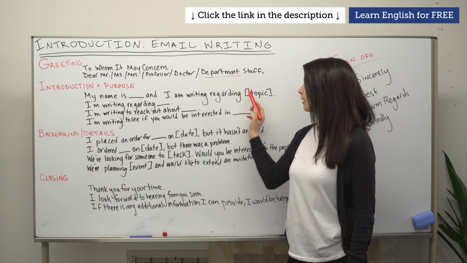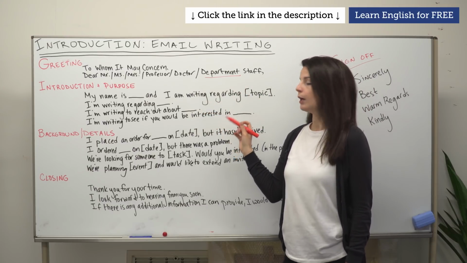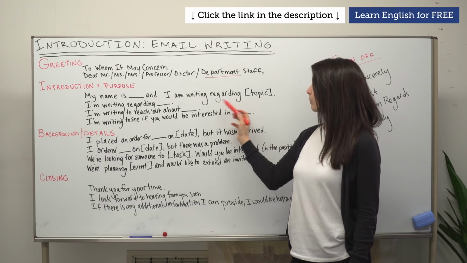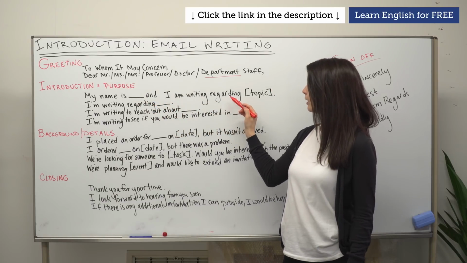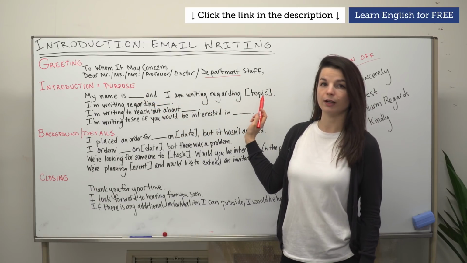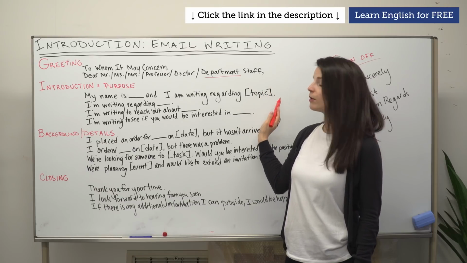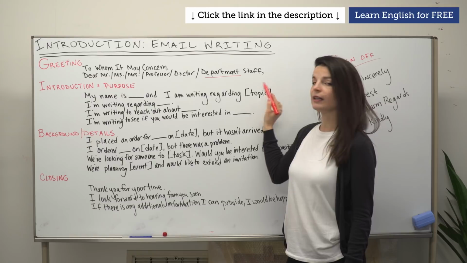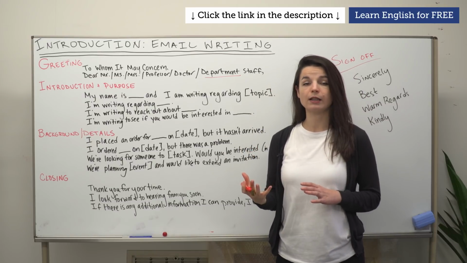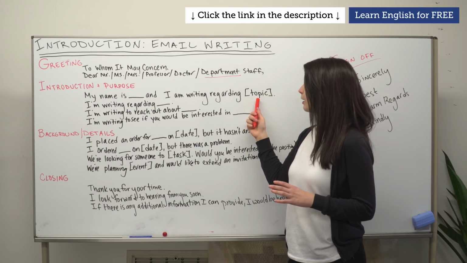Regarding means about. So you're putting this about statement before your topic. So my name is Alicia and I'm writing regarding studying English, for example. So your topic should probably be a noun phrase. Whatever the topic of your email inquiry is, you can put it here.